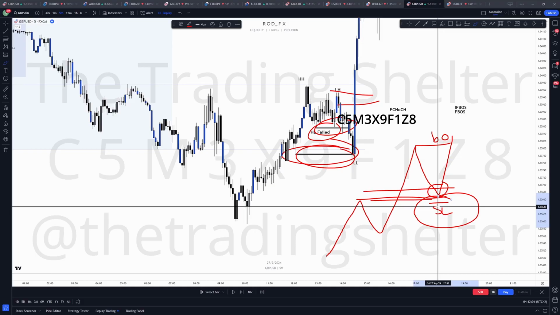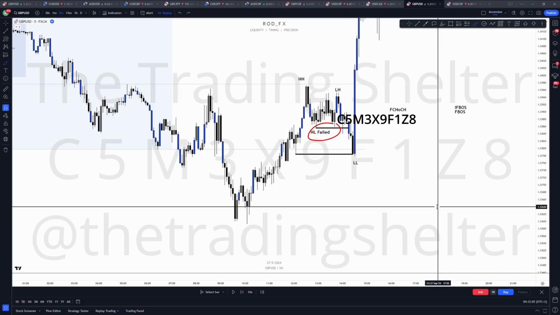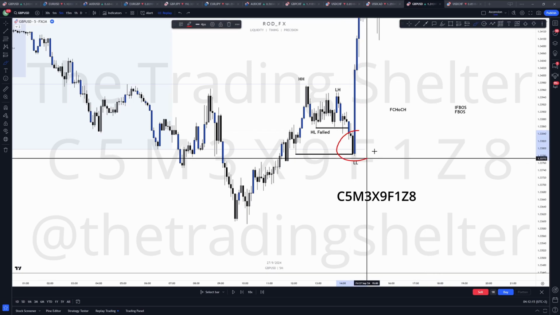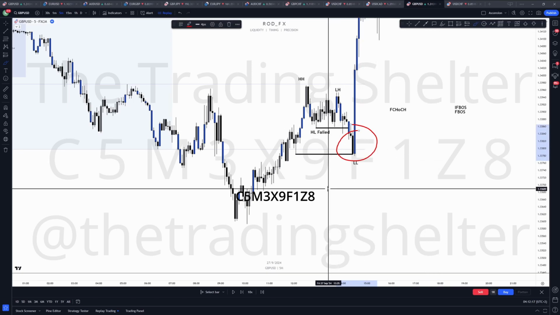Don't overcomplicate simple stuff. This is very, very basic trading. And then we will have more videos about FBOSes, but a clear identification of those structural shifts is speed and momentum. Look at the speed of those candles. Very, very important. So I hope I clarified some of the confusion you guys had.